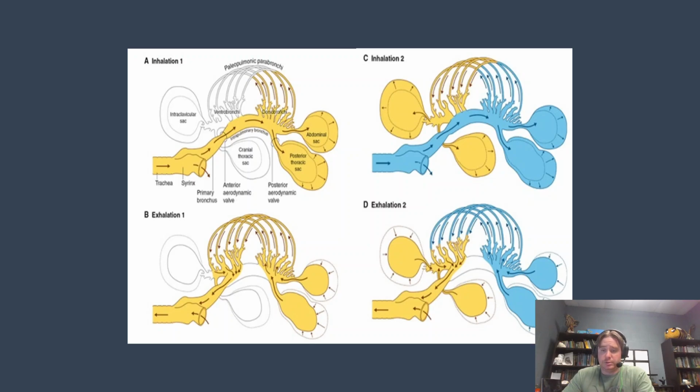In your lungs, there's an exchange of CO2 and oxygen, right? And then you breathe out CO2. So your lungs always have a little bit of a mixture of CO2 and oxygen in them, meaning that your breaths aren't perfectly efficient.